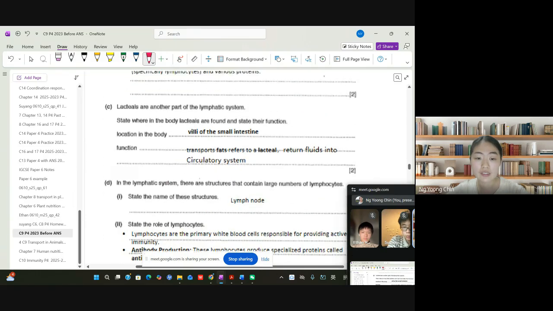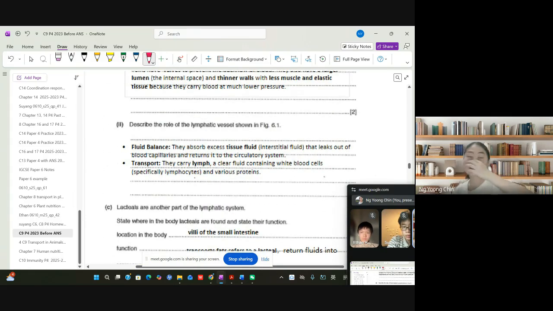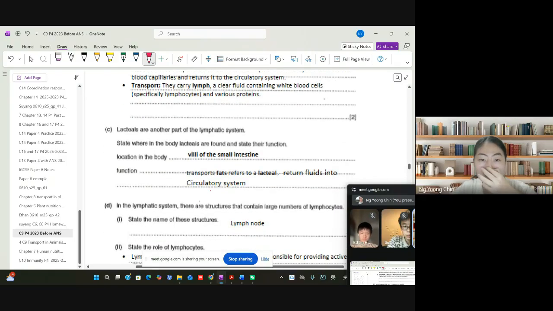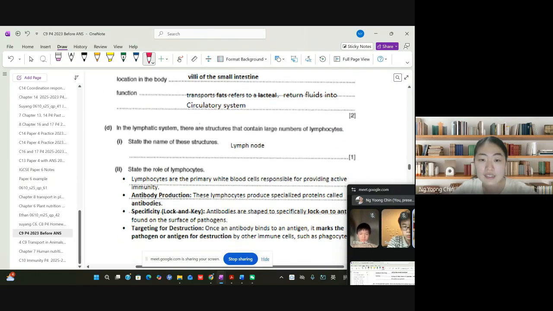Sometimes, this kind of question, when they ask about chapter 9, right, they will combine with chapter 10 and ask together. Because chapter 10, you learn about what? You learn about immunity, right? For example, like this way. Okay. This one, see, in the lymphatic system, these are structures, they consist large number of lymphocytes.